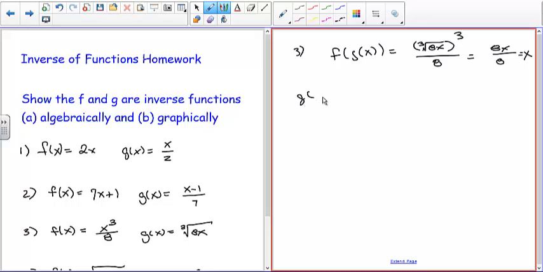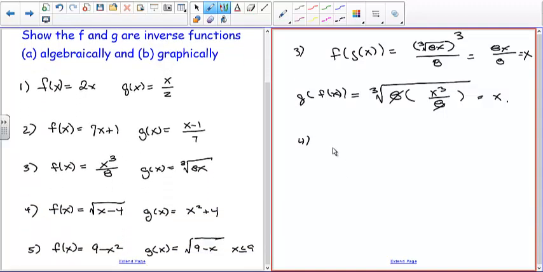And then you have g of f of x. So g of x is equal to the cube root of 8x. But for x, we stick in x cubed over 8. So these cancel out, and the cube root of x cubed is x. So that's doing it analytically. We've already done it graphically, so we can move on to the next problem.